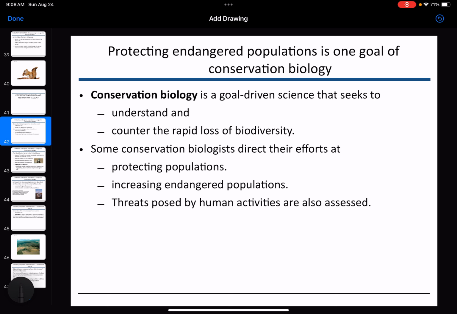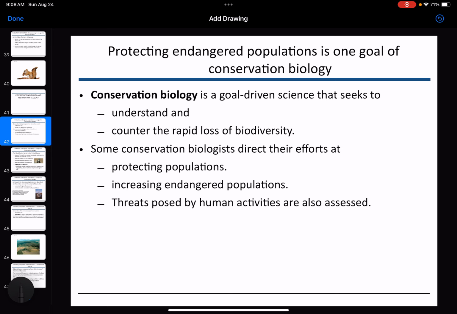All right, so in conservation biology, the goal is to one, understand what biodiversity we have, how that biological diversity interacts not only with the non-living environment, right, abiotic environment, the land, the soil, the sort of nutrients that may or may not be contained in the soil, the weather, right, availability of water, right, but also how that biodiversity interacts with itself.